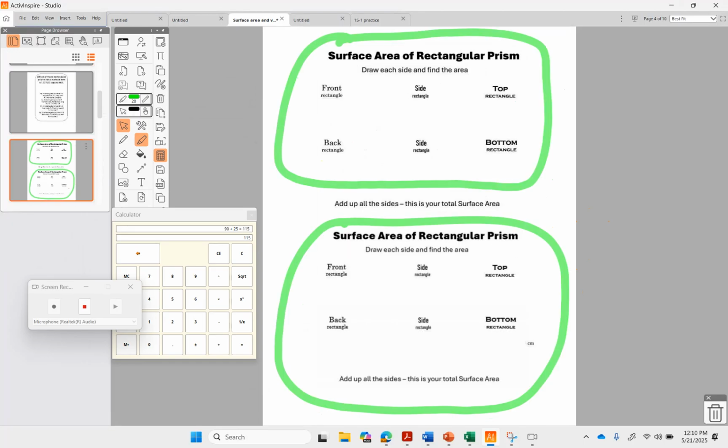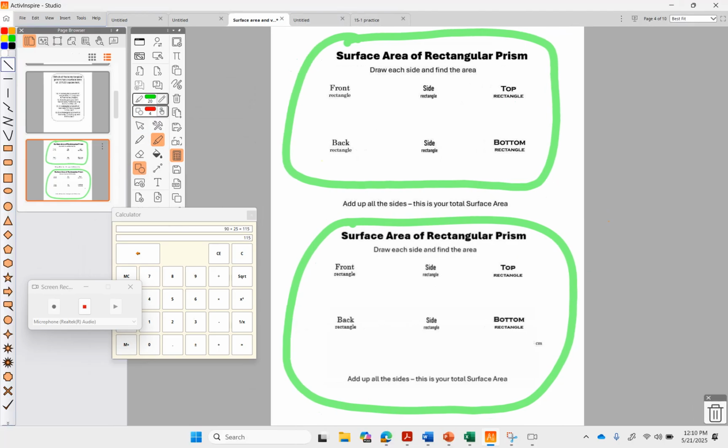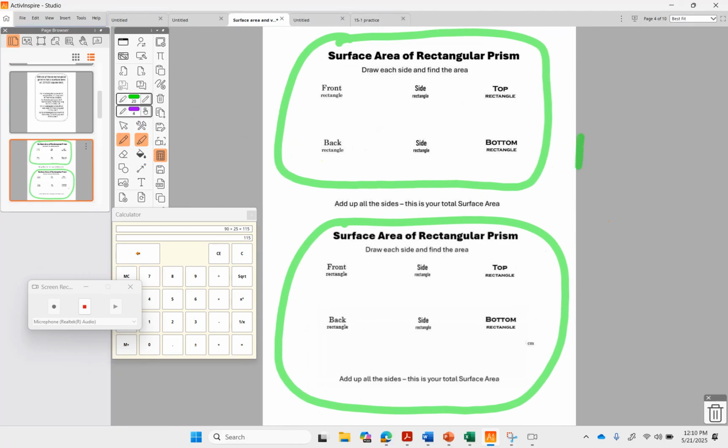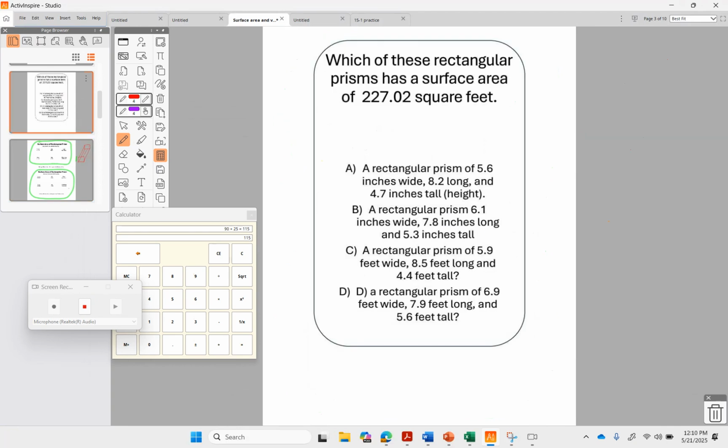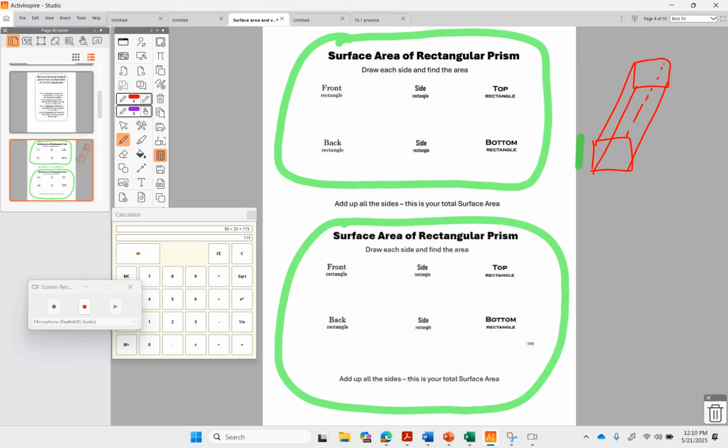Oh, no, I don't want to do that. I'm going to draw. Okay, and I know I'm going back and forth here. 5.6, 8.2, 4.7.